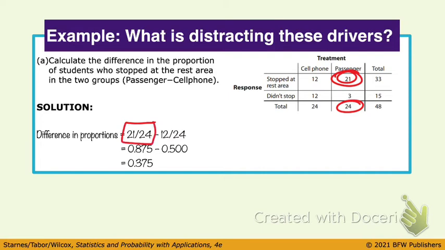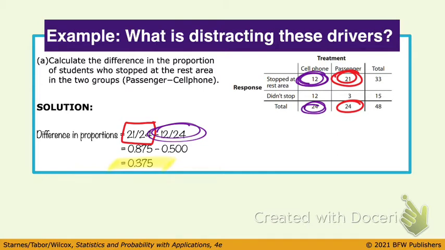Then, for the cell phone group, we had 12 out of 24 that remembered to stop. So what was the difference in remembering to stop between the two groups? Well, we just take 21 out of 24, and we take 12 out of 24, which is half, and we subtract them, and we get a difference of 0.375.